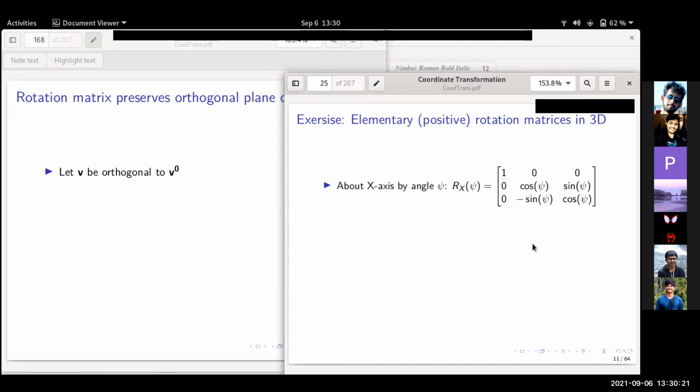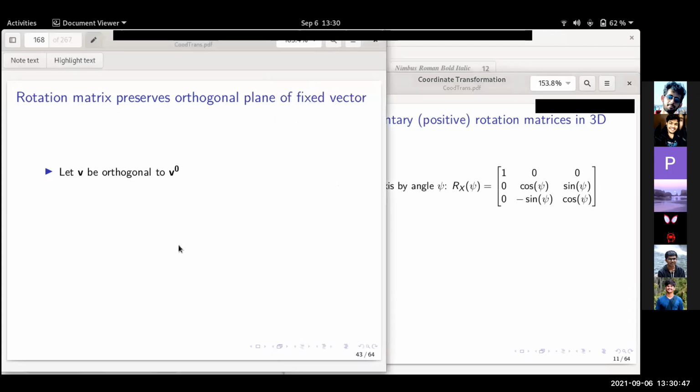Will you get any component in x? No, sir. You won't. That means any vector in the yz plane, which is orthogonal to the x-axis, is kept in the same plane even after rotation. Do you agree with this? Yes, sir. Okay, so that is the same.